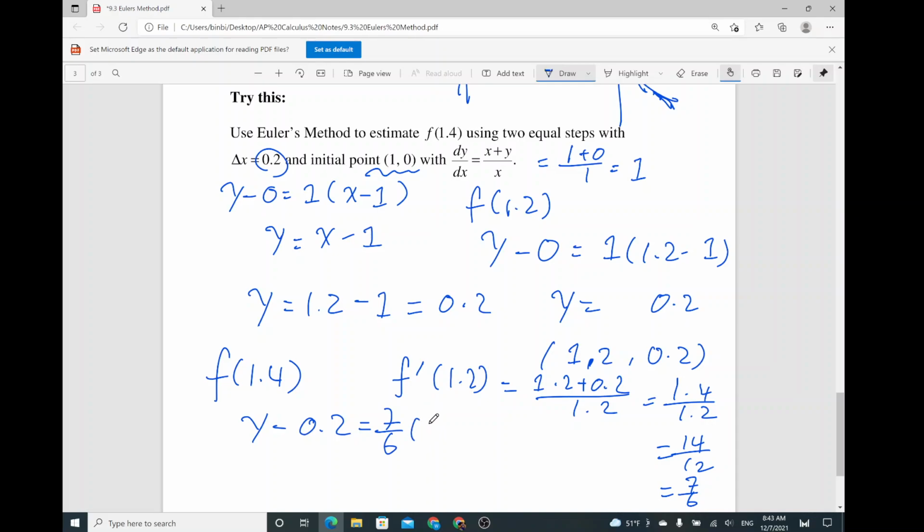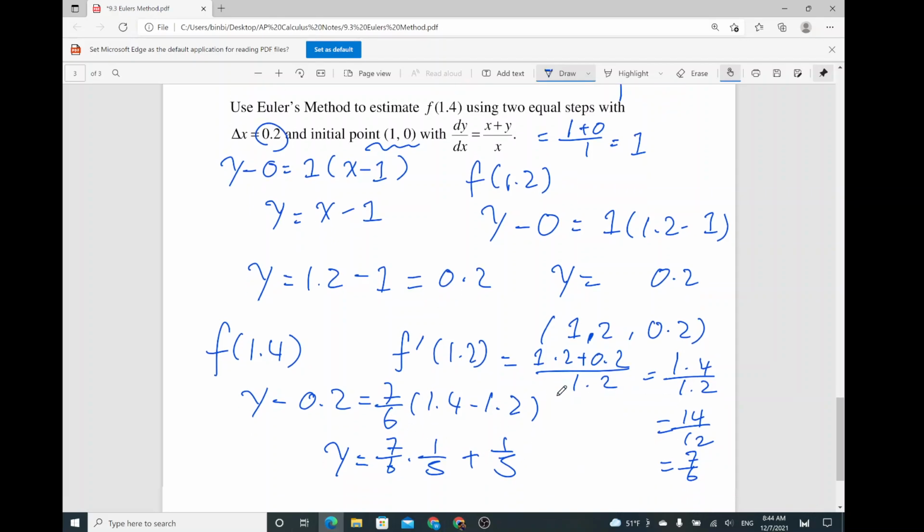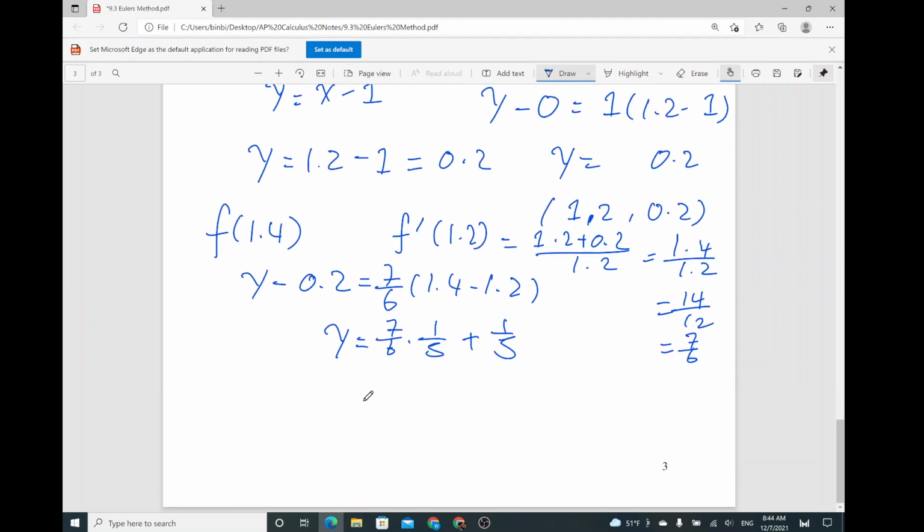And then x minus the previous point, so 1.4 minus 1.2. Or just multiply this by 0.2, because that's the difference of the x value, which is delta x. So we got y equals 7 over 6 times 0.2, which is 1/5, and then plus 0.2, plus 1/5. So 7 over 6 times 1/5 is 7 over 30 plus 1/5.